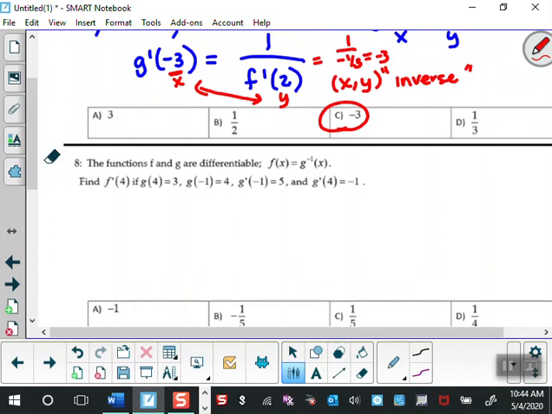All right, so in this case, f is the inverse that we're focusing on. I want f prime at 4. Now here's the part that's tricky. f of 4, I need to know what that y is.